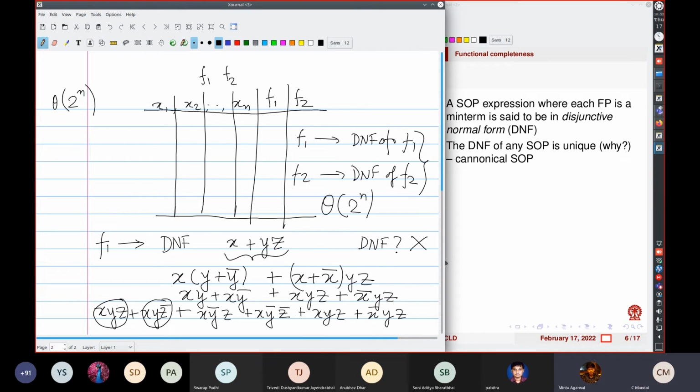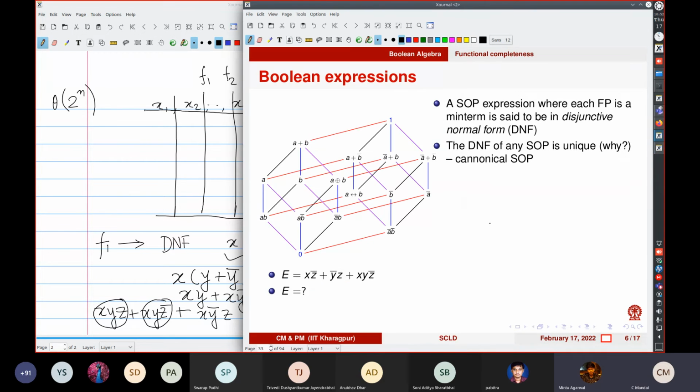Just as you can express in terms of min terms, you can also express in terms of max terms, because as we said, this lattice is a very symmetric structure. These are the max terms.